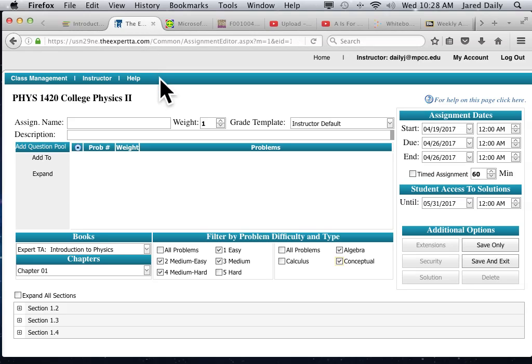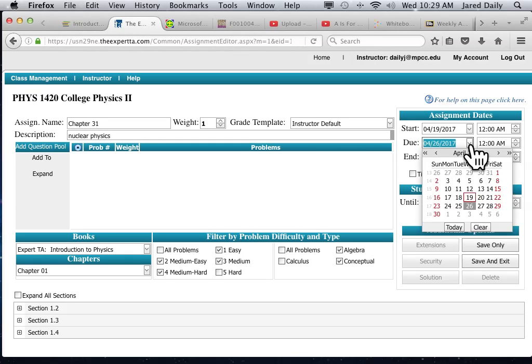All right, back to this obnoxious one. So this is going to be chapter 31. I have to put a description in, which is nuclear physics. Nuclear physics, we'll make the due date.